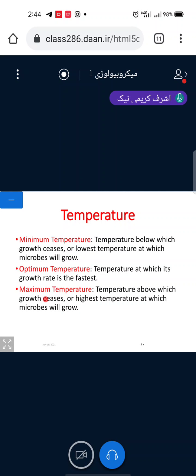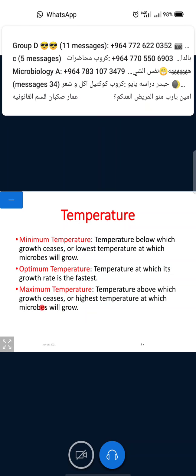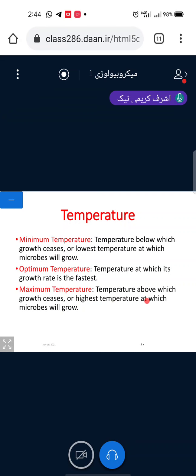Maximum temperature is the temperature above which growth ceases, or the highest temperature at which microbes will grow.